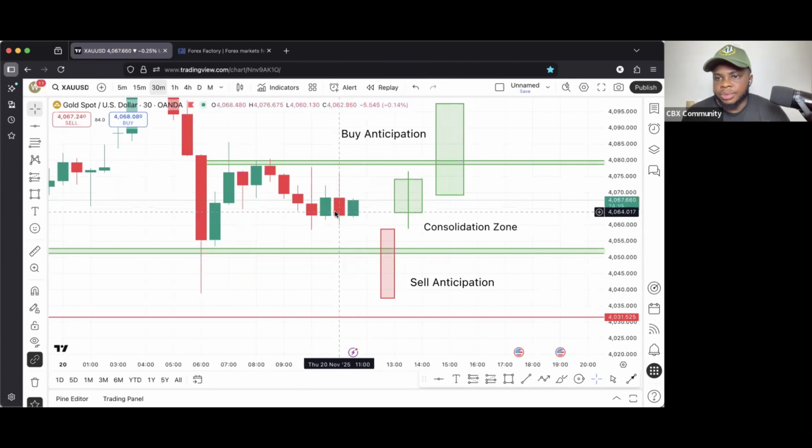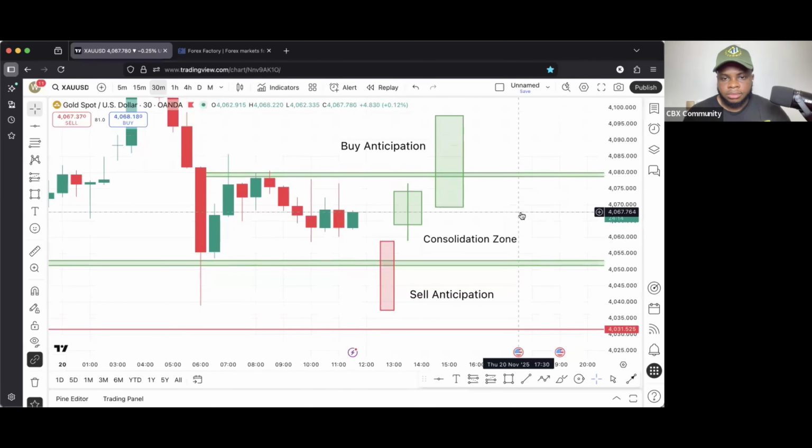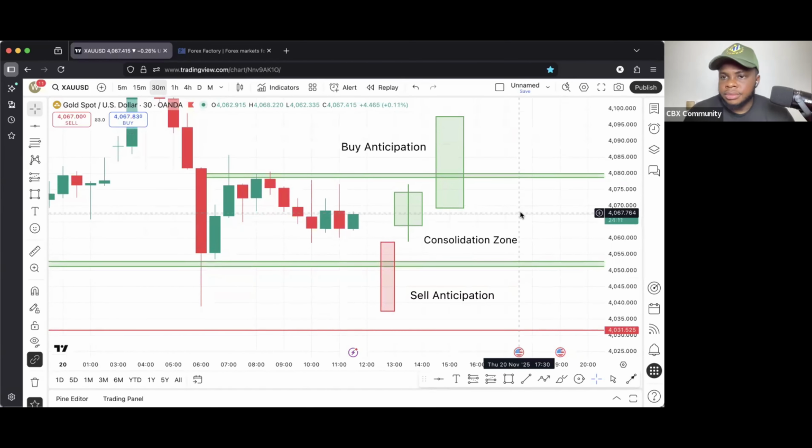Let's see what the candle wants to do, since that is following the market at this point.